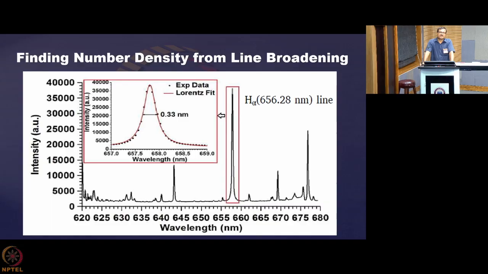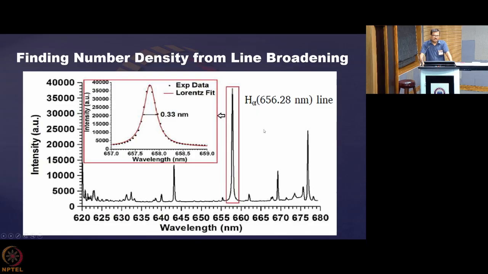And this is one spectrum that has been recorded while the other lines were getting collected. The line you are seeing in the inset is called the H alpha line. Its exact wavelength is 656.28 nanometer.